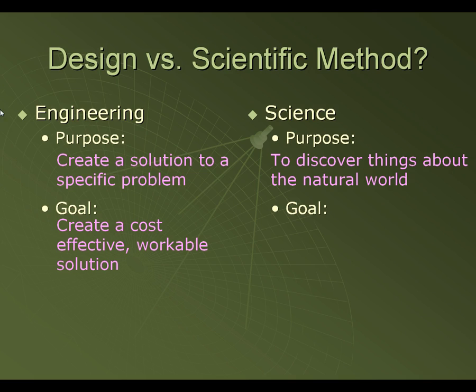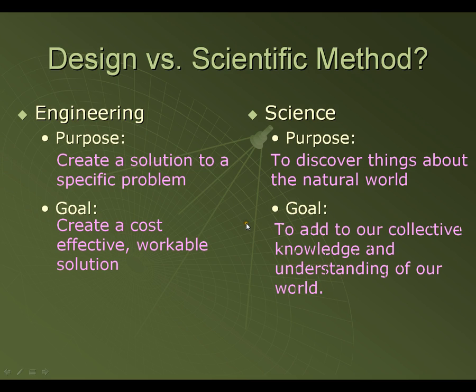So part of the engineering is wrapped up in the cost of actually implementing your solution. Whereas in science, our goal is really just to add to the collective knowledge and our understanding of the world and how things work and what we can do with it on an idealistic level.